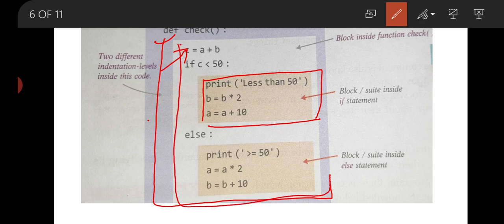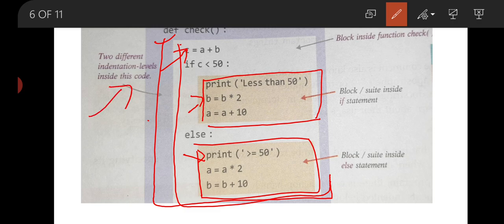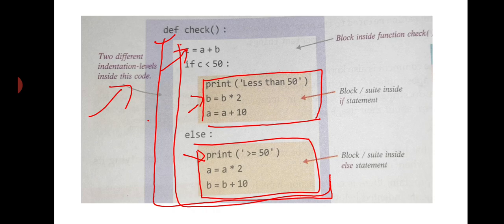But these two blocks are written in the else block and the if block. There are two different indent levels inside this code. The first indent level is for the function, the second indent level is for the condition. Blocks inside the function check, and blocks inside the if statement and else statement. Now I think it is clearer with the figure.